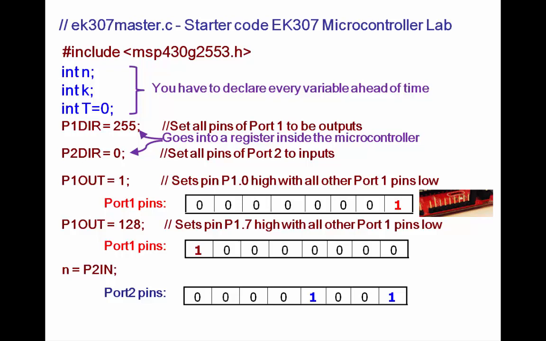Remember, in order to do that, you actually have to have voltages applied from either a circuit or another microcontroller or some other digital circuit. So let's suppose in this case that the port 2 pins were set with the LSB high and the fourth bit from the right set high. That would represent the number 9 in decimal, and inside the executing program, the variable n would be set to the number 9.